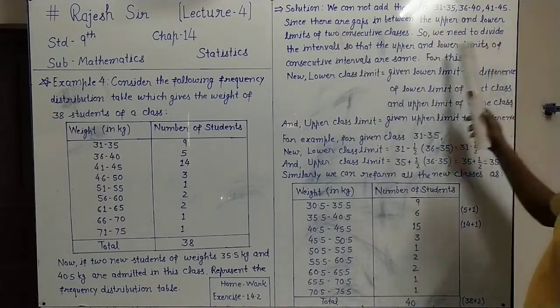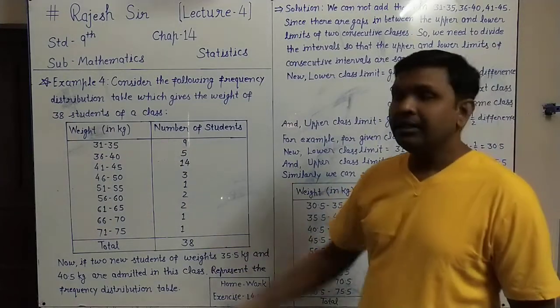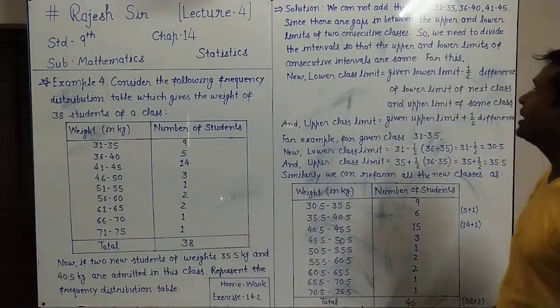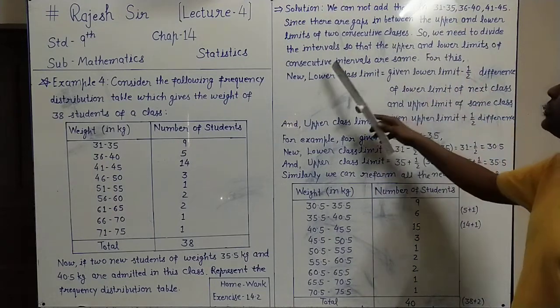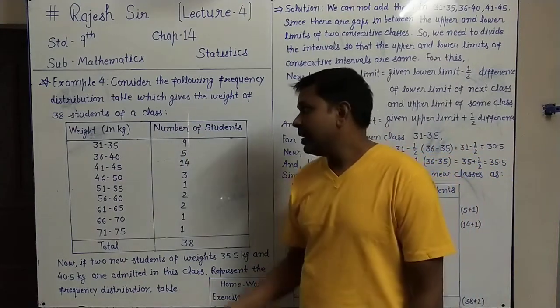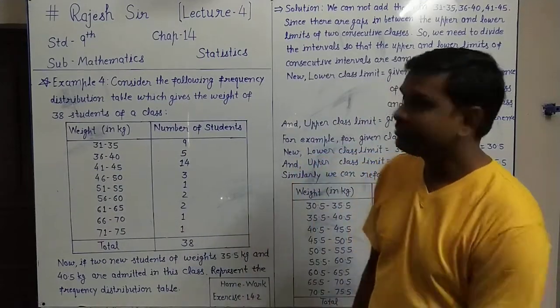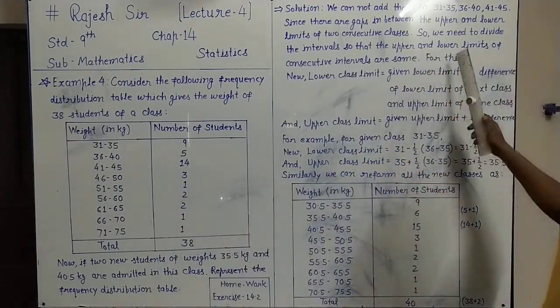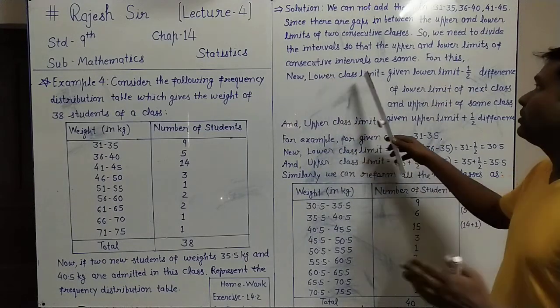So we need to divide the intervals. We have to reform these classes, these class sizes, so that the upper and lower limits of the consecutive intervals are the same. For this, what to do? For this, we have a formula to make the new lower class limit.